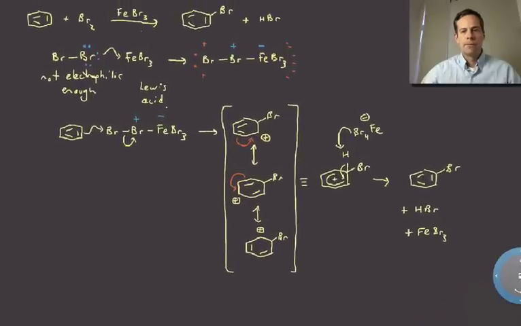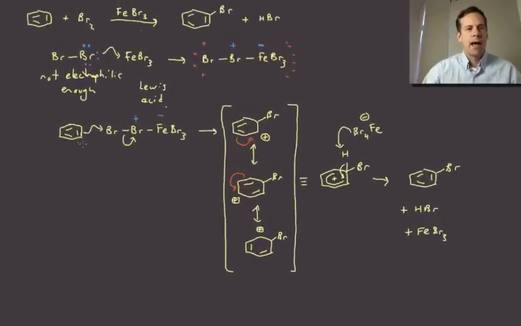All right, so just to recap, we first need to activate the Br2 with the iron tribromide. That gives us this activated complex, which is highly electrophilic. The benzene can then add to that bromine, displacing the iron tetrabromide anion. That gives us this stable bromine cation intermediate, which then gets deprotonated, and we get to our aryl bromide.